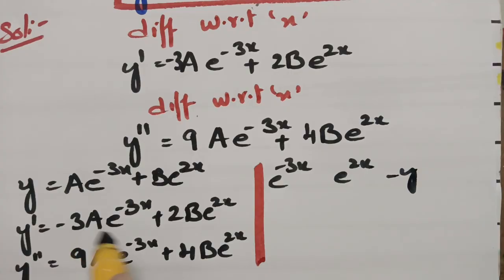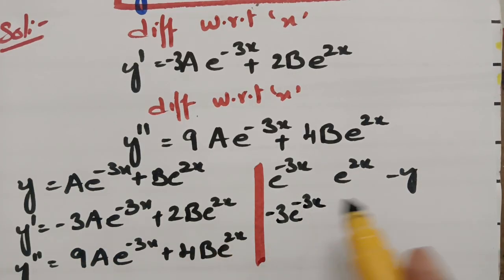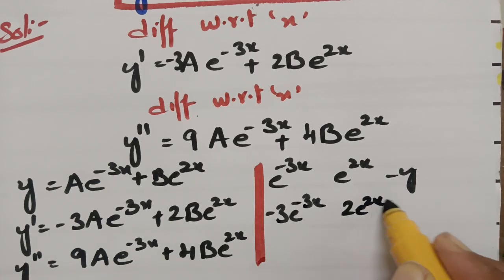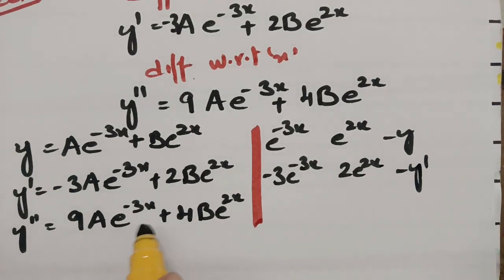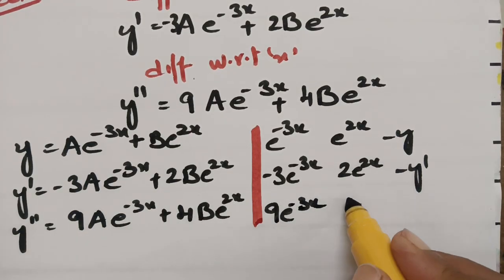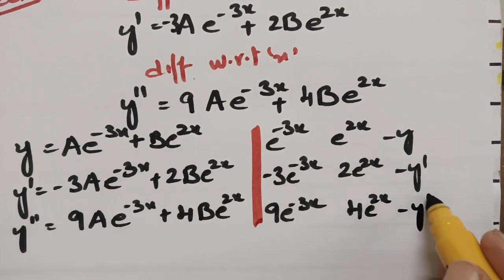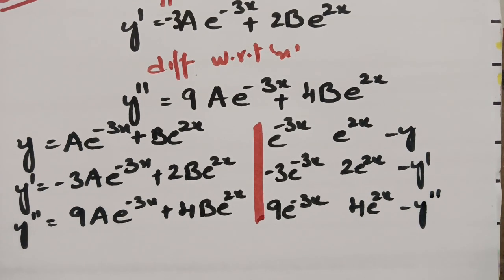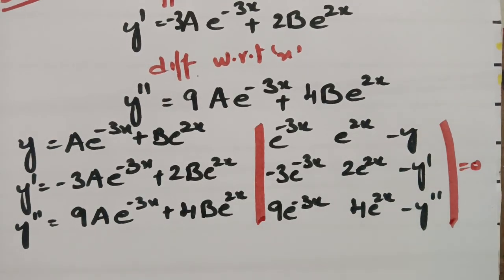Next, the coefficient of A is minus 3 into e power minus 3x and of B is 2 into e power 2x, and the value is minus y dash. Here the value is 9 into e power minus 3x, this is 4 into e power 2x, and this is minus y double dash. The determinant value should be equal to 0.